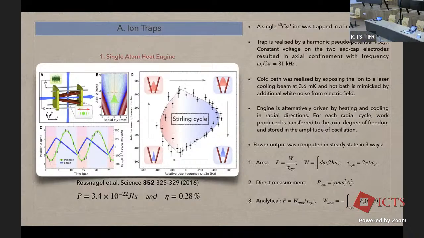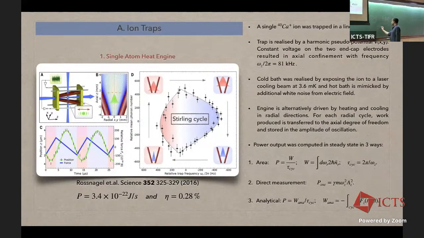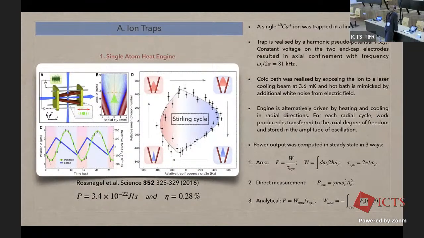This potential has the form V(x,y) equal to harmonic oscillators in both the x and y directions, and along the z axis, along this axial direction, the atom can move. There are two end cap electrodes, so the atom can move along the z direction with a particular frequency.